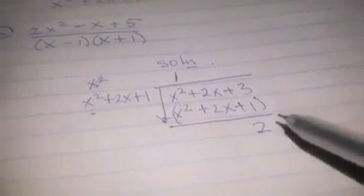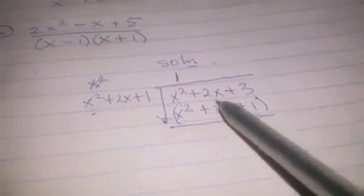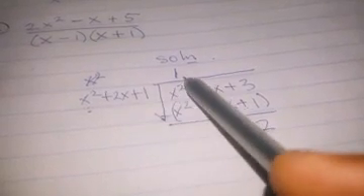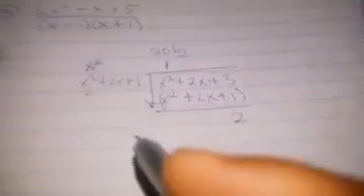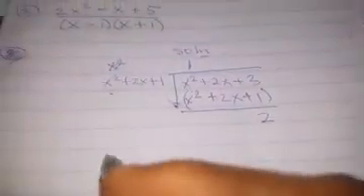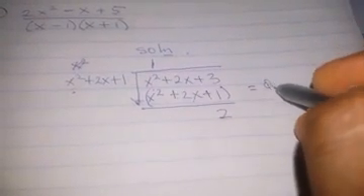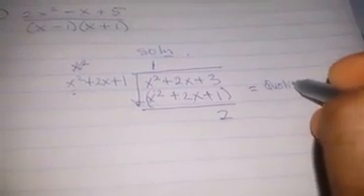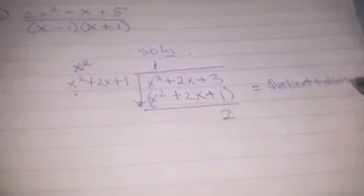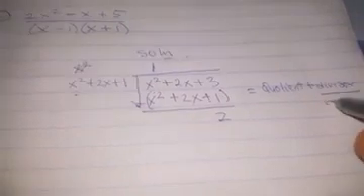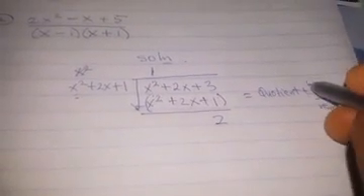Here we can no longer divide because x squared cannot go in 2. So that's our remainder. This is our quotient, this is our divisor, this is the remainder. So you write it such that your polynomial is equal to your quotient plus remainder over divisor.